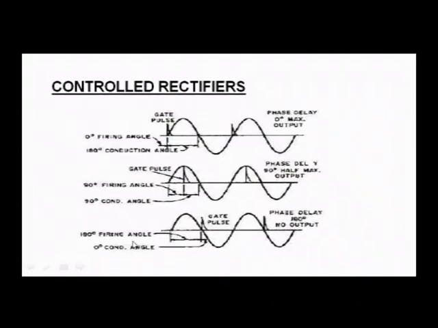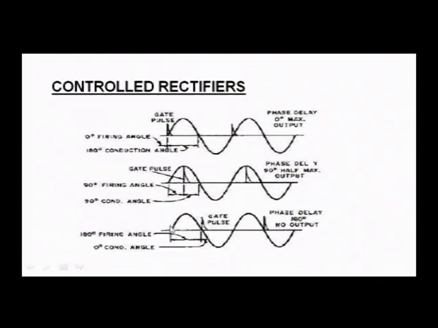Then the third figure, when I give it at 180 degrees, it does not conduct at all because the positive half is already over. So, phase delay of 180 degrees means there is no output, provided I am using only one SCR in the circuit. So, 180 degrees firing angle means 0 degrees conduction angle, and it also means I am giving a gate pulse at 180 degrees of the AC input.